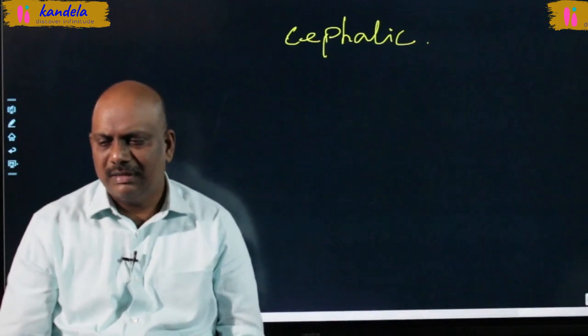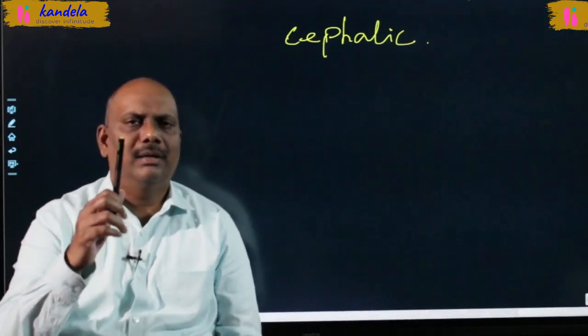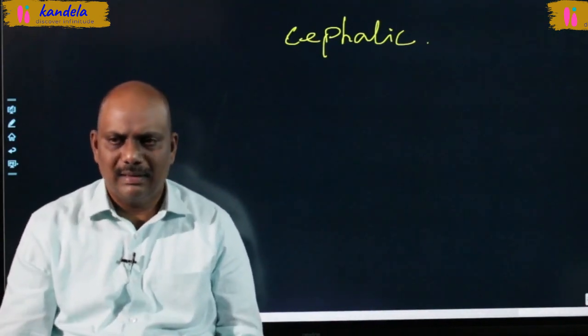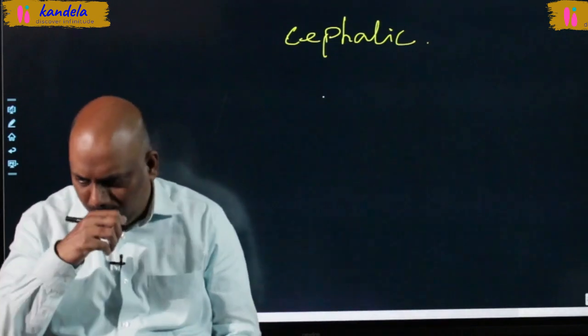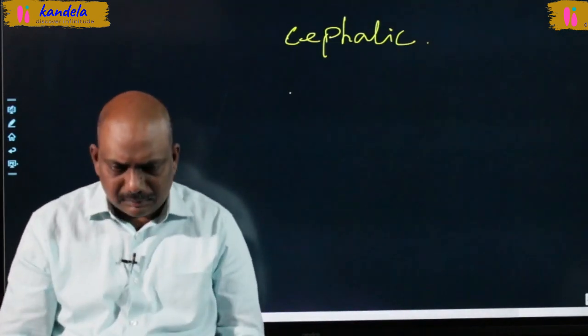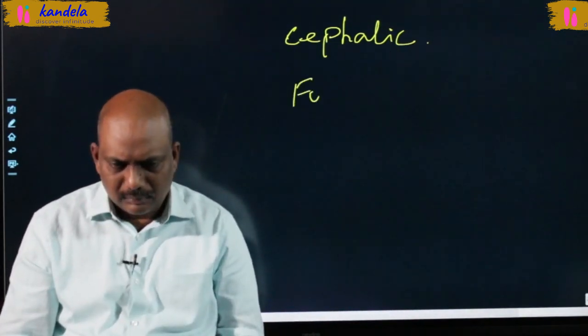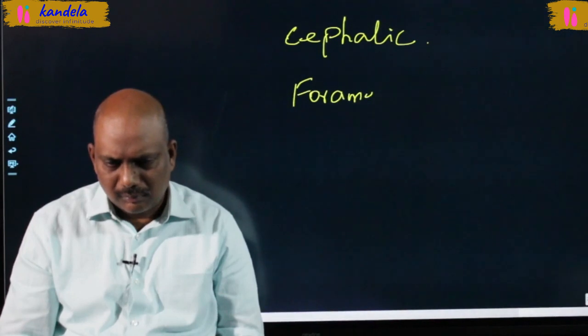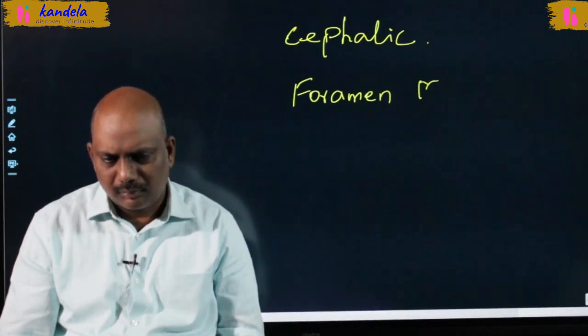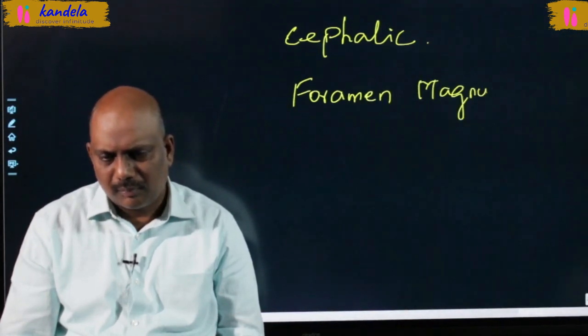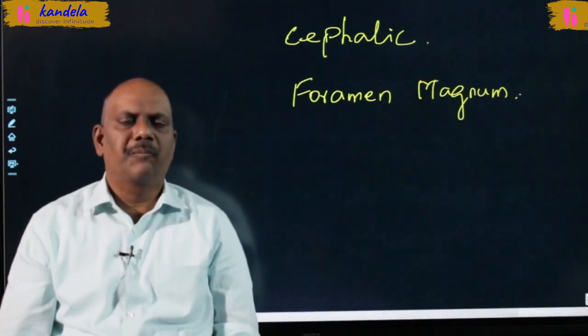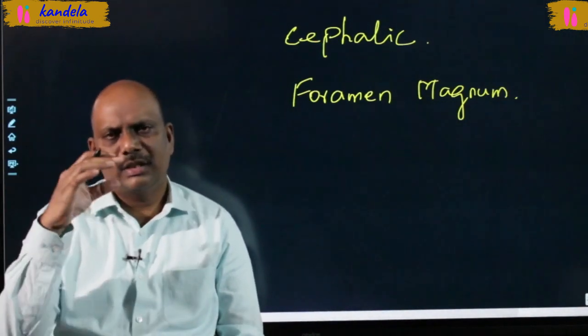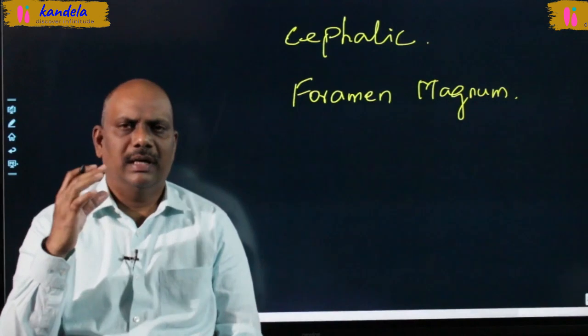Now let us start our discussion from one important cephalic feature, that is foramen magnum. There is one box just below that. You just write in that.